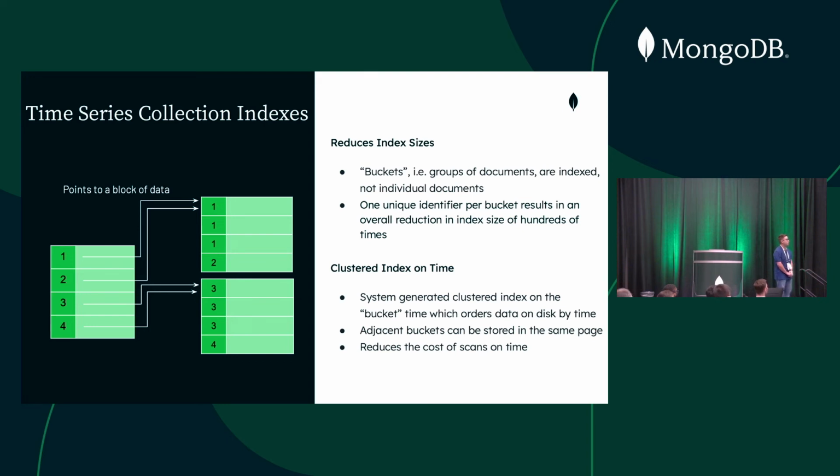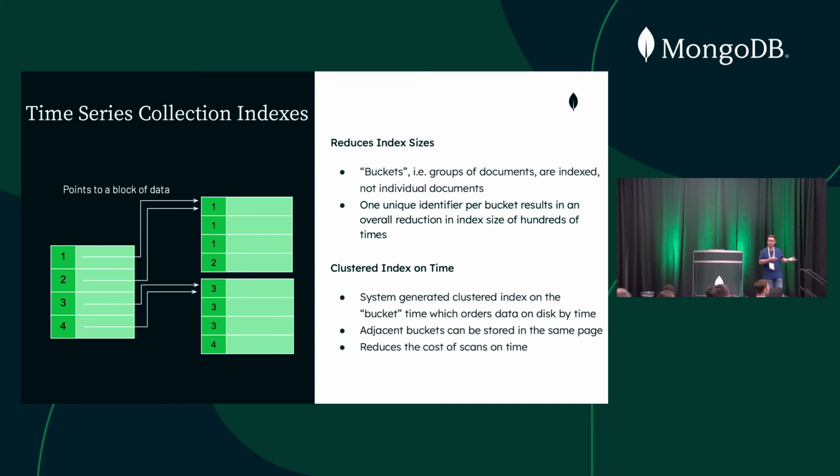The other thing to note about indexes here is that we actually create a clustered index. A clustered index simply means the data is ordered on disk, right? And in the case of a time series collection, our clustered index is on time. And that time corresponds to the bucket time.